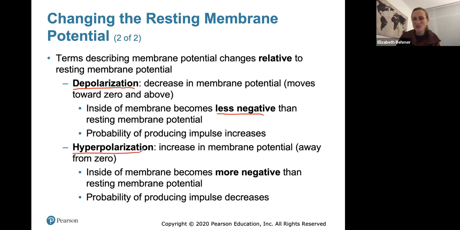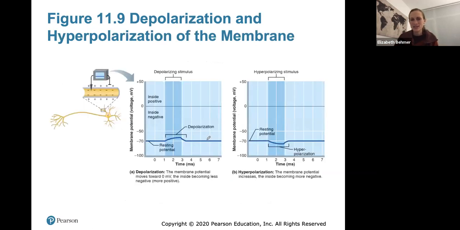Hyperpolarization means an increase in membrane potential, or away from 0. So the membrane potential will become more negative. It might become -90 or -100, so even more negative than resting. During a hyperpolarization phase, the probability of producing another impulse in that neuron is greatly decreased.